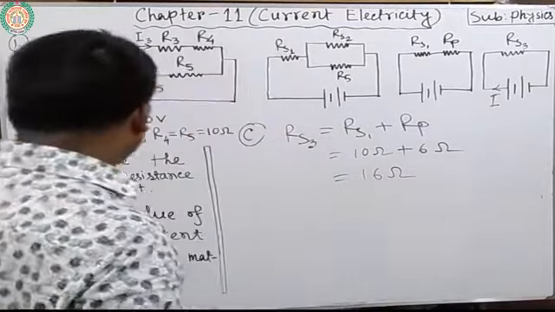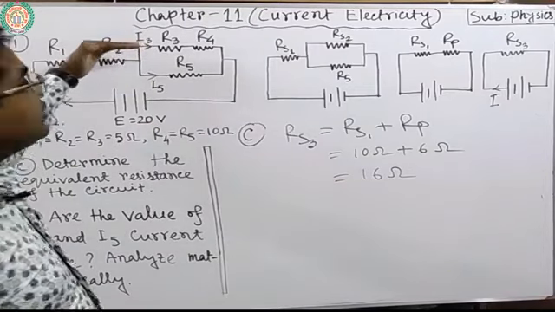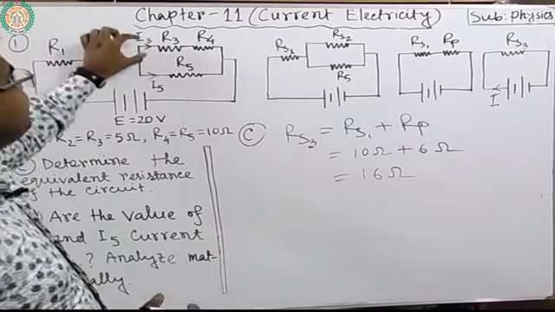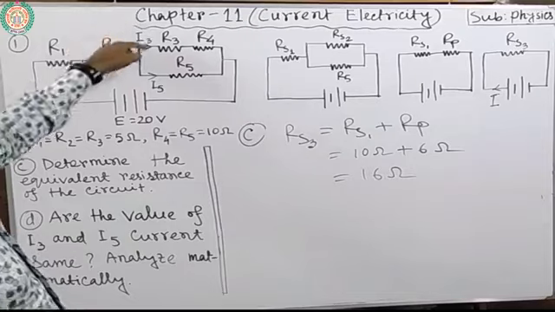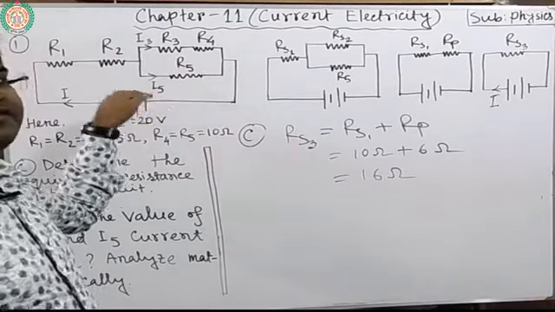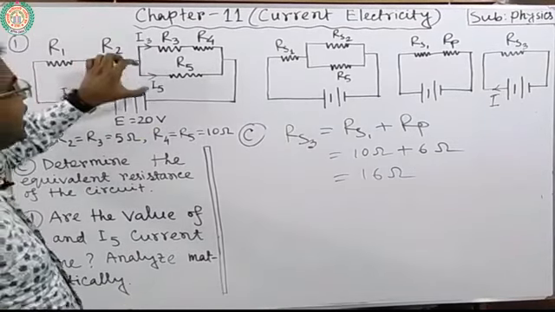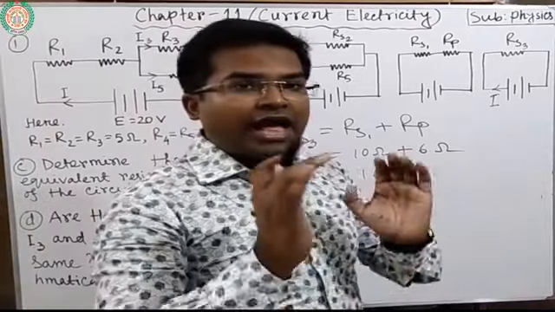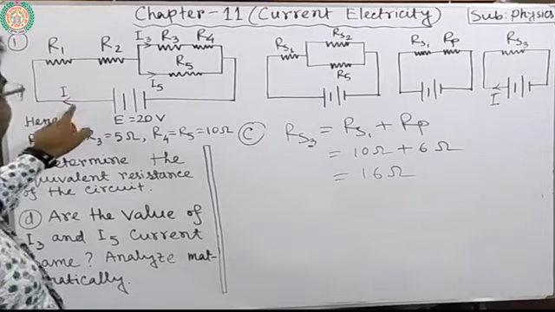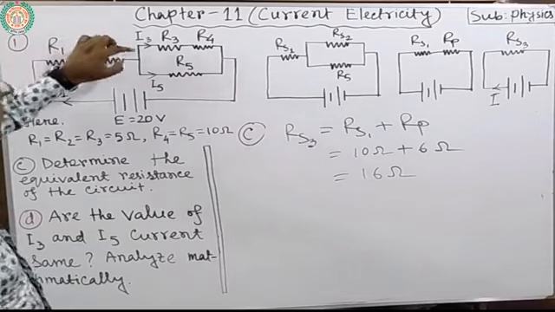Now I will determine the current I3, the current which is passing through the R3 and R4 resistances, and the current which is passing through the R5 resistance, that means I5. So dear students, before determining the I3 and I5 currents, you have to determine the main current of this circuit, because this current will divide into two parts, I3 and I5.